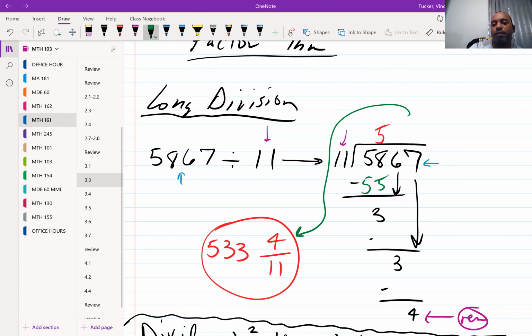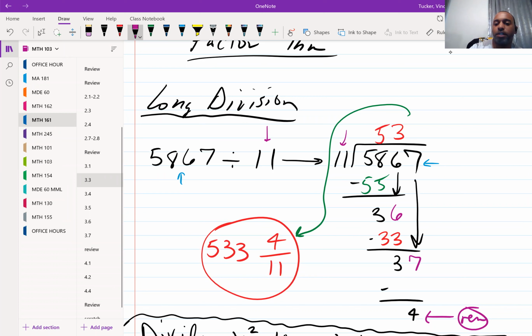So 58 minus 55 is 3. Bring down the next digit, 6. Then you say, how many times does 11 go into 36? And that'll be 3. Then 3 times the 11 is 33. Subtract: 36 minus 33 is 3.